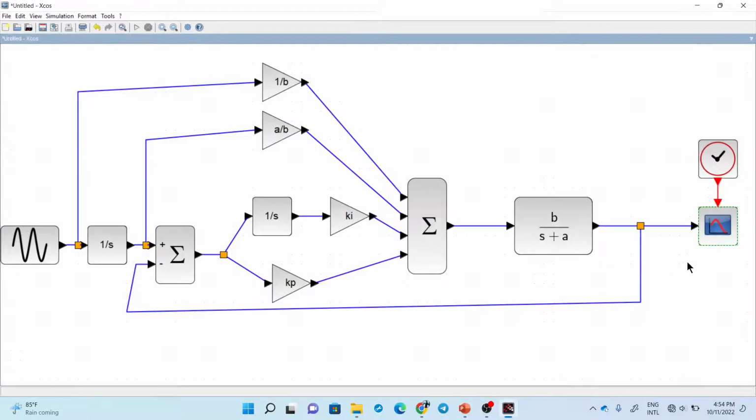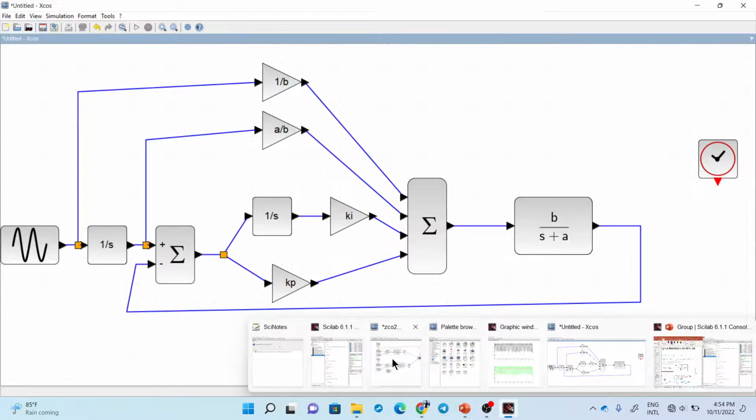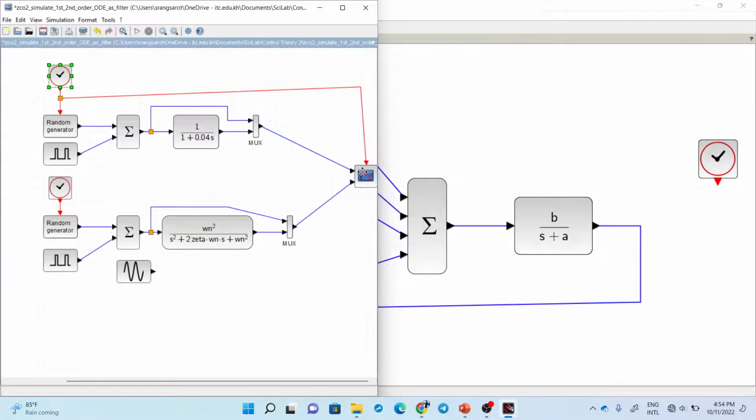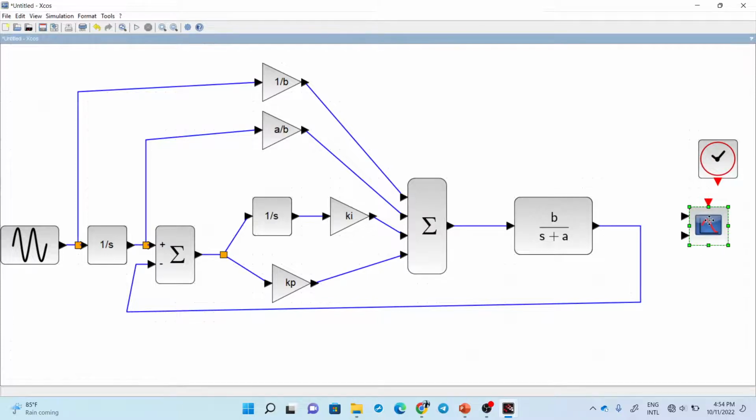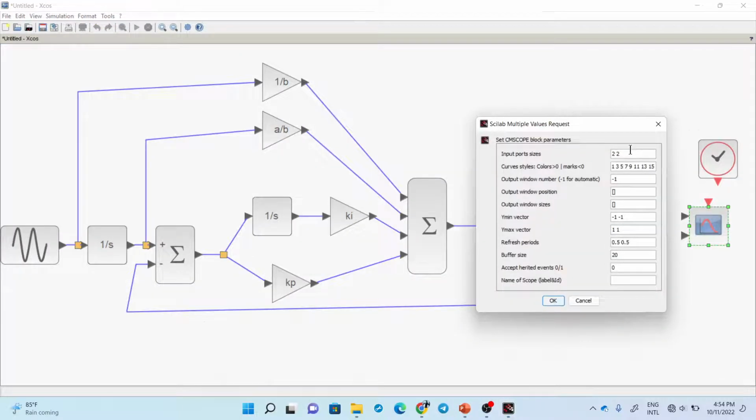I think I should use a different scope. It's better to use this one. Yeah, and so this one, but need to configure a little bit. Each port just has one signal, right?